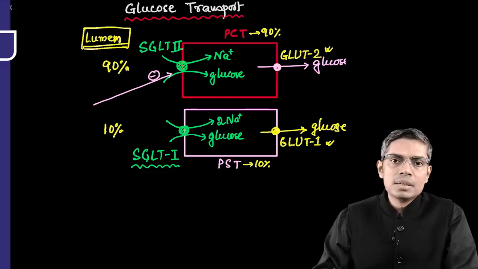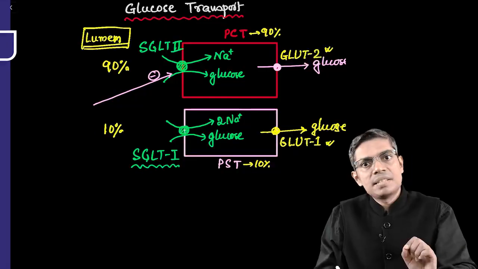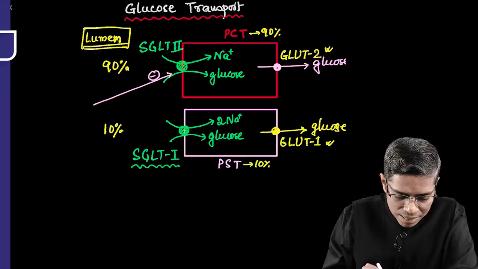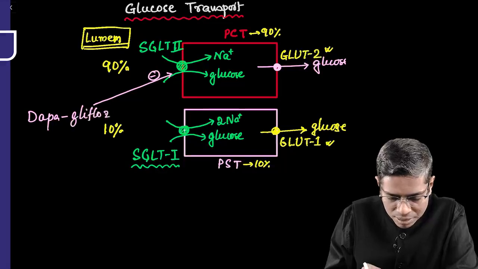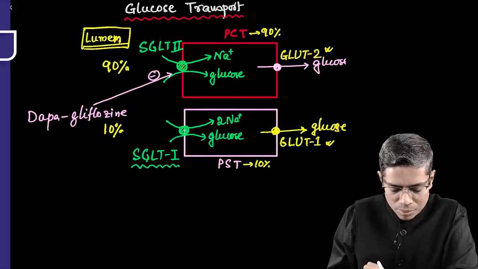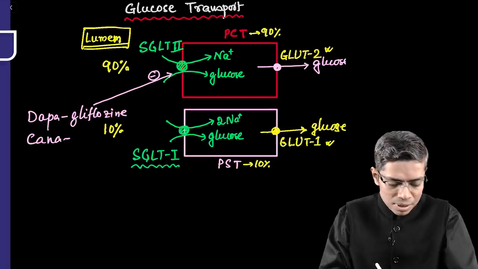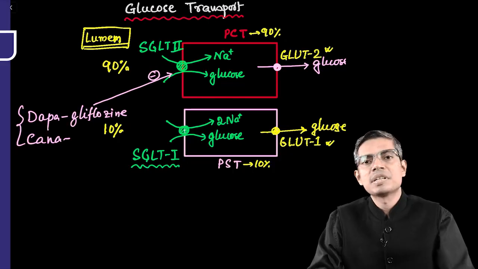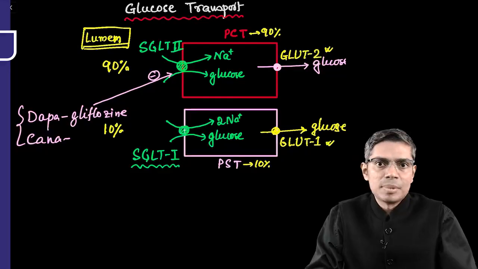That's why the drugs which inhibit SGLT2 are used as anti-diabetic medicines, and they are, as all of you know, the gliflozin group of drugs: dapagliflozin, canagliflozin. These drugs inhibit only and only SGLT type 2. They are not inhibitors of SGLT1. They are used for diabetes mellitus treatment.